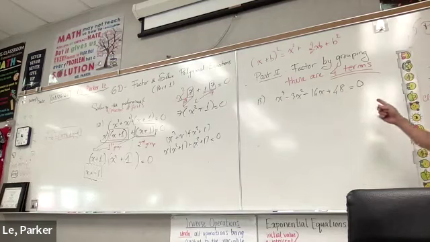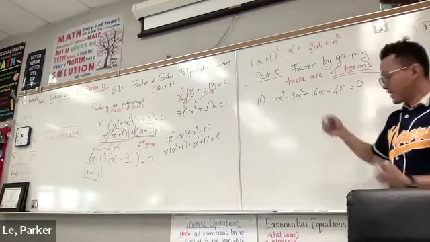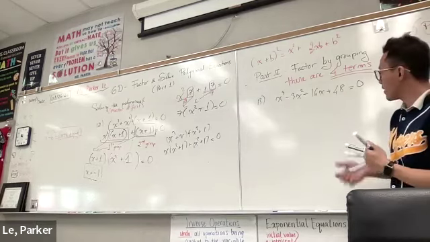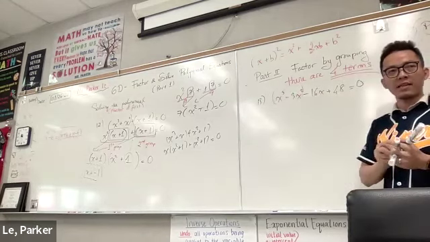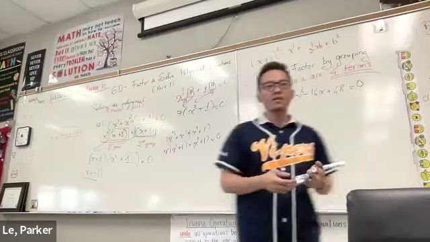Did you do it? Yeah, you've got to do it. Okay. Let's group the first two and the last two. Just try it out first. I think 70% or 80% of the time that works.